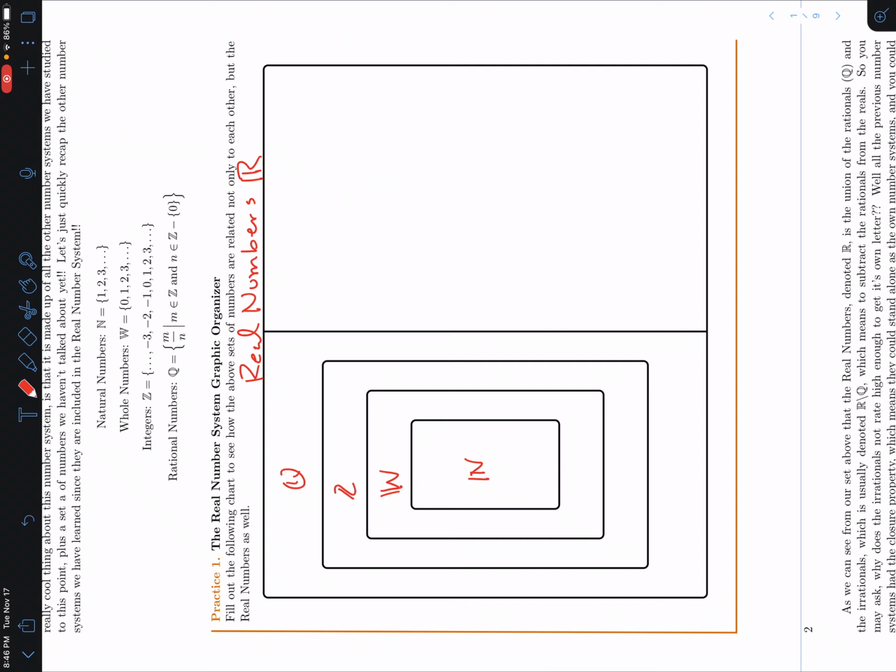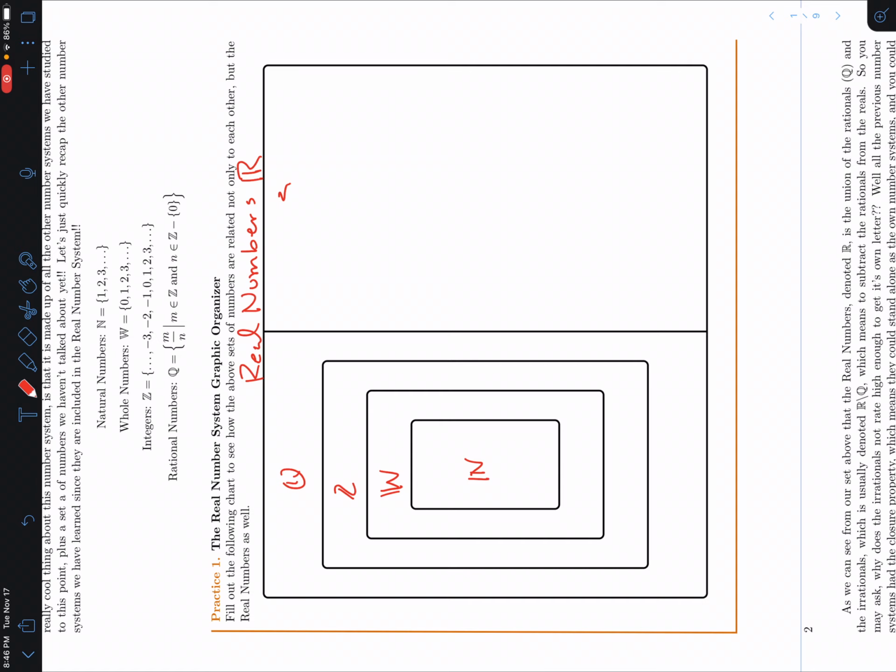So the question is, what is this thing over here to the right? What lives in there? Because it seems like we've got pretty much most of the numbers over on the left. So what things don't fall into the left? Well, these are your oddball numbers, things that can't be written as fractions.